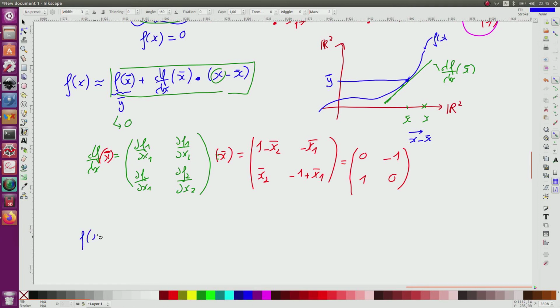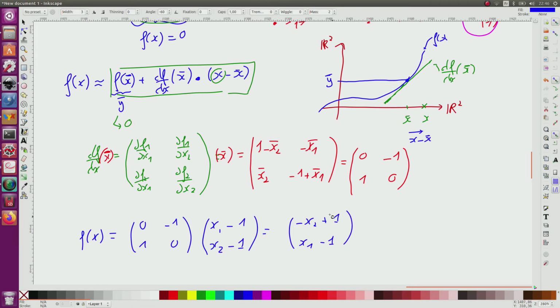So if I come back to my formula, my Taylor approximation, I get that f of x bar is approximately equal to the matrix 0, minus 1, 1, 0, multiplied by x minus x bar, or if you prefer, I can write directly x1 minus 1, x2 minus 1, which is also equal to minus x2 plus 1, x1 minus 1.